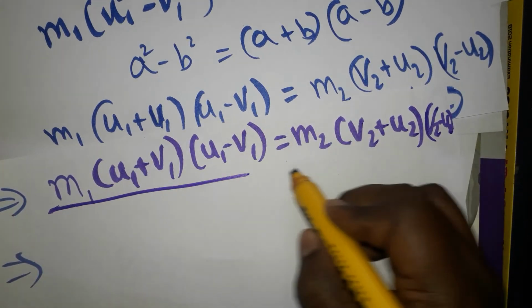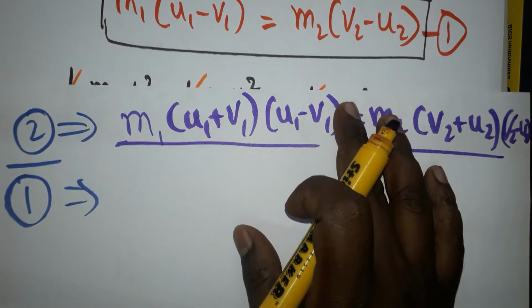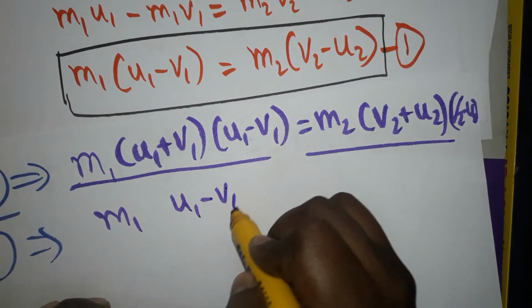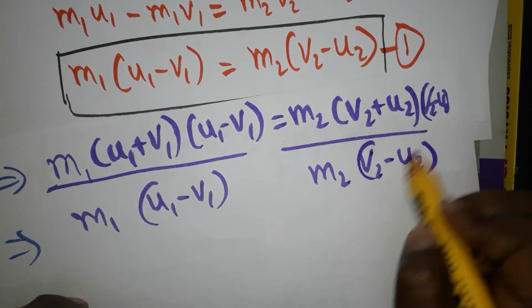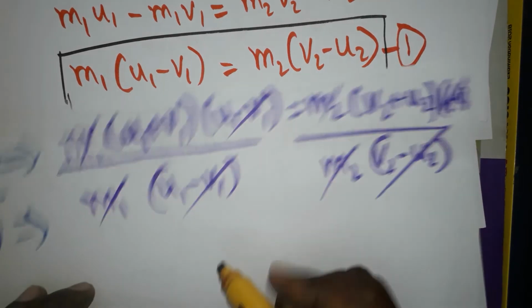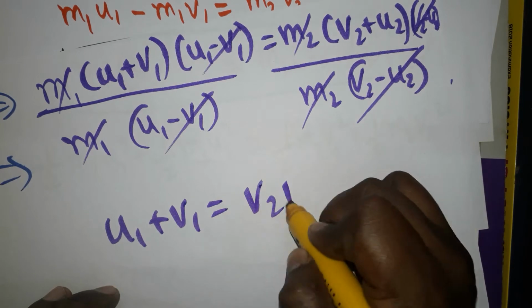Already I said equation 1 is a very important equation, just keep it in mind. The common terms get cancelled, and we get u1 plus v1 is equal to v2 plus u2.